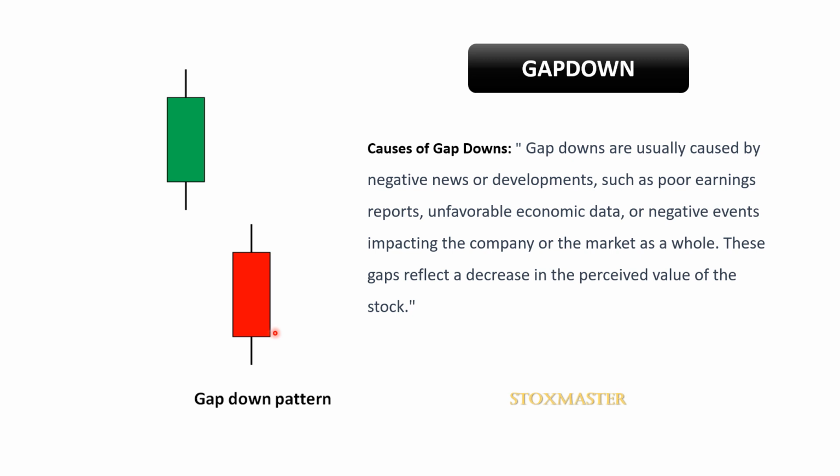These gaps reflect a decrease in the price, a fall in the price. Simply, for the gap up, the buyers are more aggressive. In the gap down, the sellers are more aggressive. So let's see.